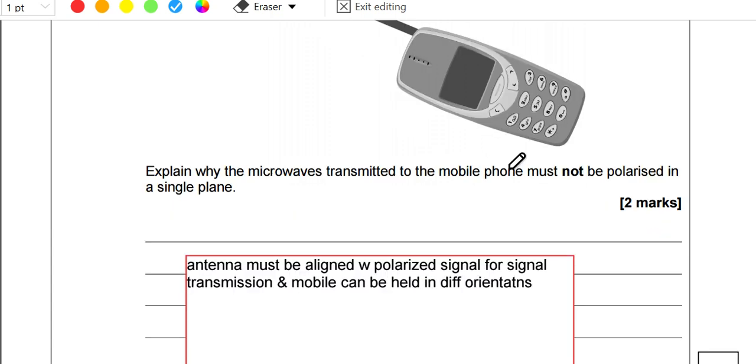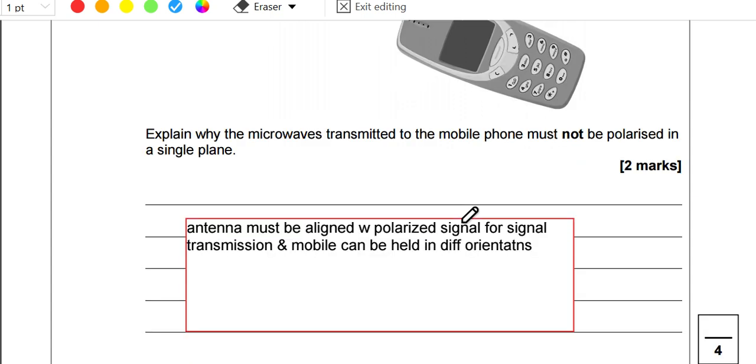An antenna must be aligned with a polarized signal for signal transmission, and a mobile can be held in different orientations. So microwaves transmitted to a mobile phone must not be polarized in a single plane.